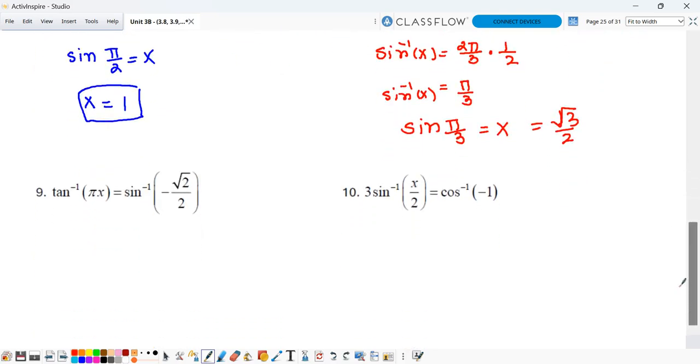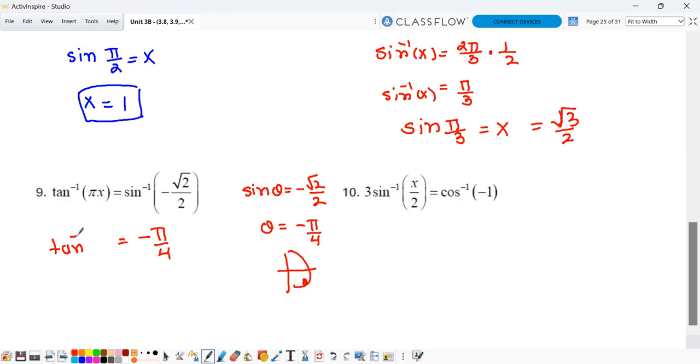Okay, so give it a try. Pause the video here and try this one yourself. Sine theta is negative root 2 over 2, which means this is negative pi over 4. Know that sine inverse is this side of the circle, a medium angle. So this is negative pi over 4, equal to tangent inverse of pi x.